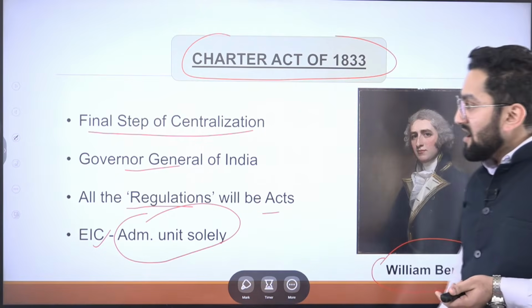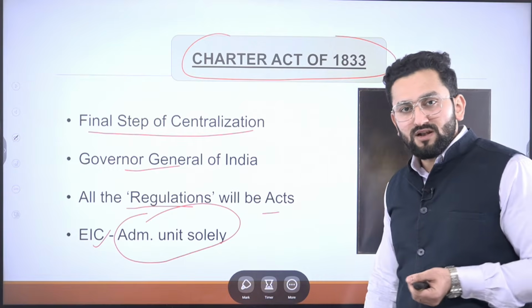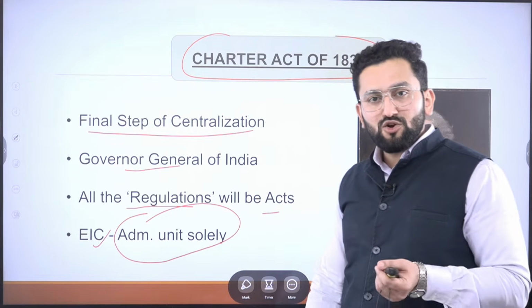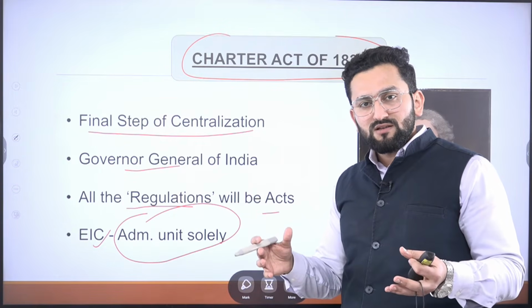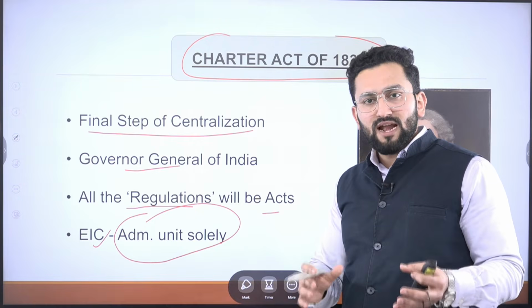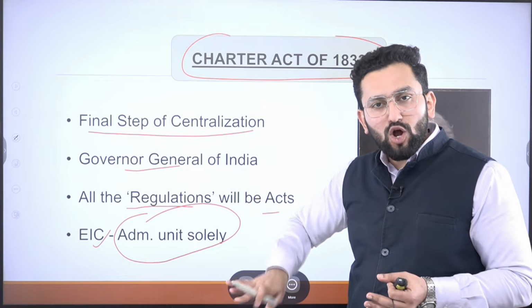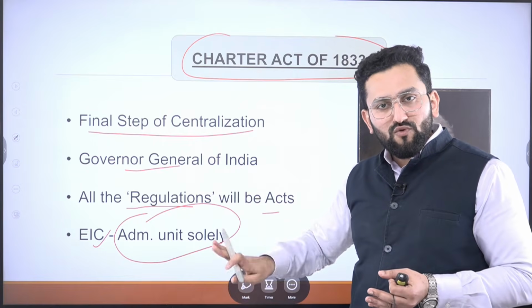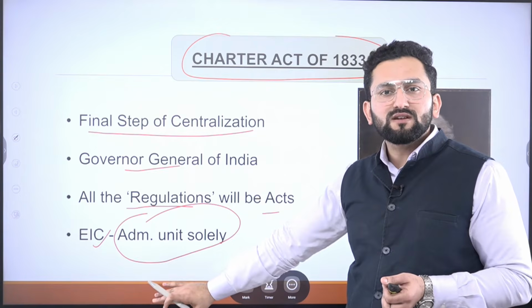It means earlier you were having a lot of commercial interest, but now the British government was saying that your commercial interests are actually impacting administrative proneness, and that is why the English East India Company should remove commercial aspects and just focus on administrative aspects.